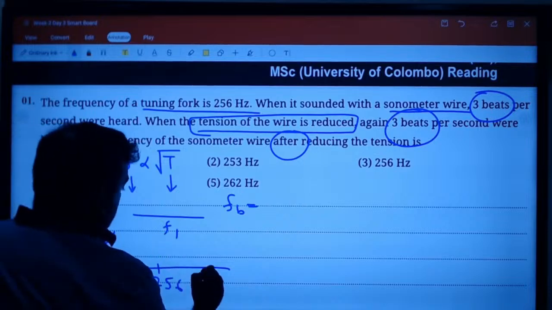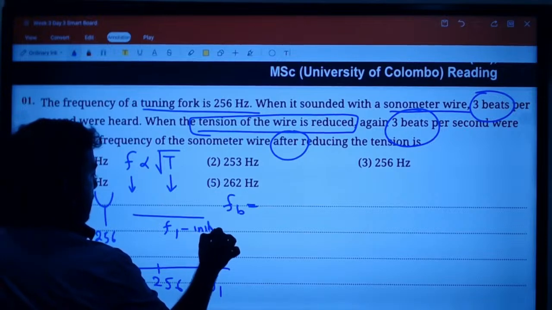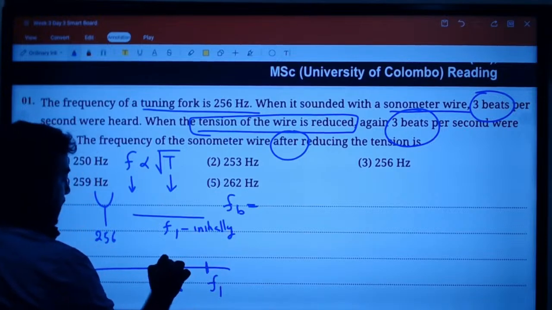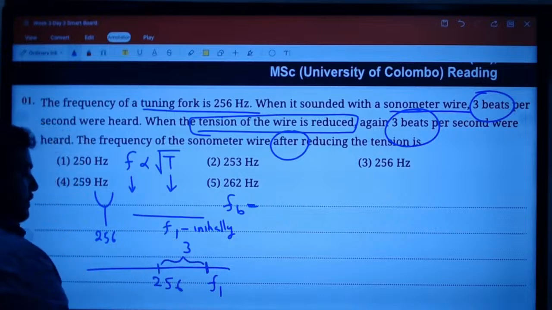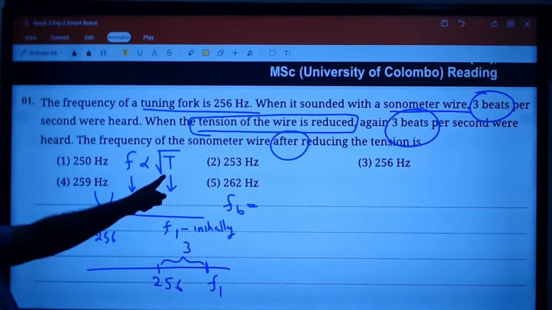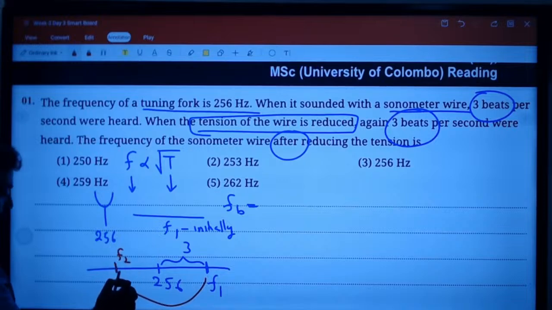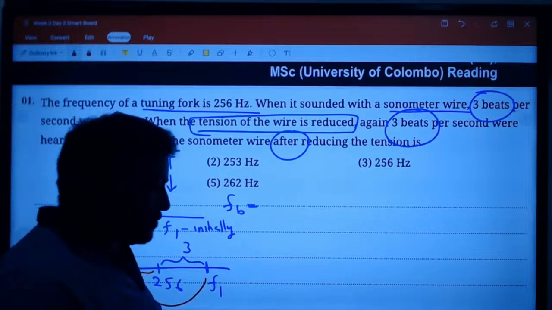So the only option is that initially frequency F1 was larger, 3 beats. Then when I reduce the tension, the frequency reduces and reaches somewhere here. This difference also is 3. Understood, no?